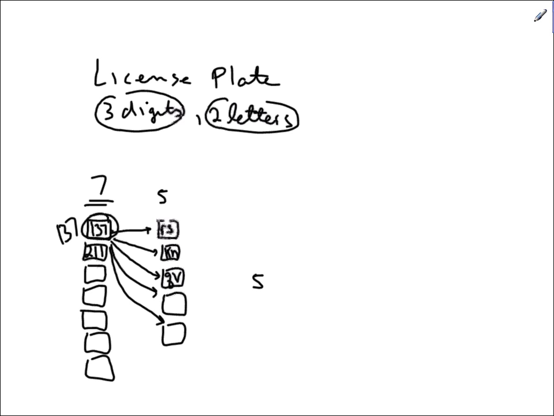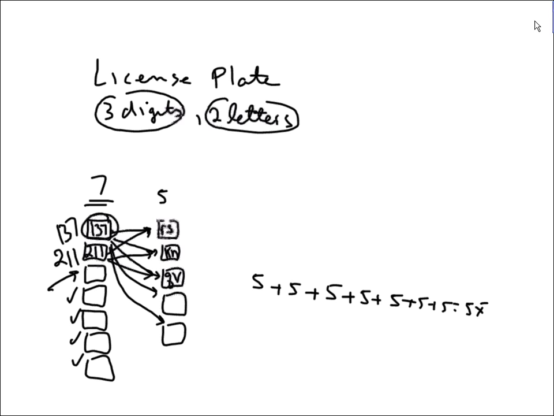And then with 211, which is the next one, suppose, you can have RS after it, or KN, or QV. You're going to get another 5. And then for the third 3-digit plate, you're going to get 5 more, and you're going to get 5 more for each of them. In fact, you're going to be adding 5 to itself 7 times, which will be 5 times 7.